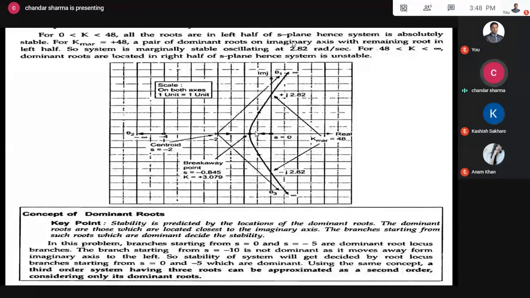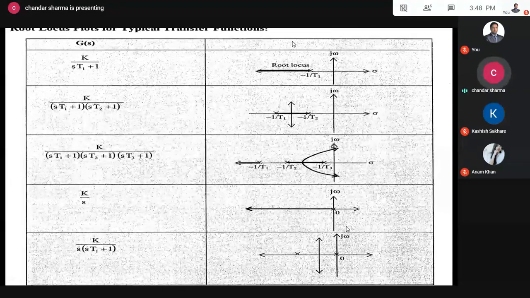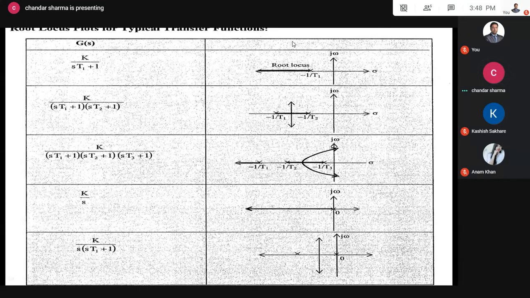You can see the root locus plot for a typical transfer function. When there is only one pole at -1, it goes towards infinity. The system is always stable.